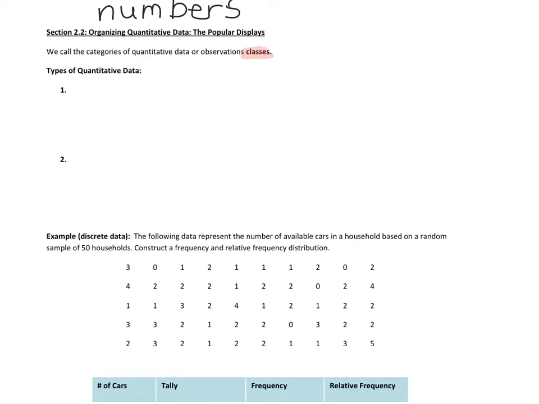And remember, when we talk about quantitative data, we have two different types. So we're going to be doing two different techniques. We have our discrete, and we're going to be talking about that first. Discrete is countable: 0, 1, 2, 3, 4, 5, etc., or just a finite amount.